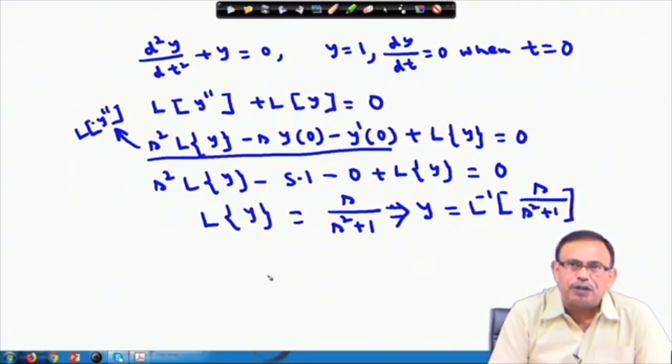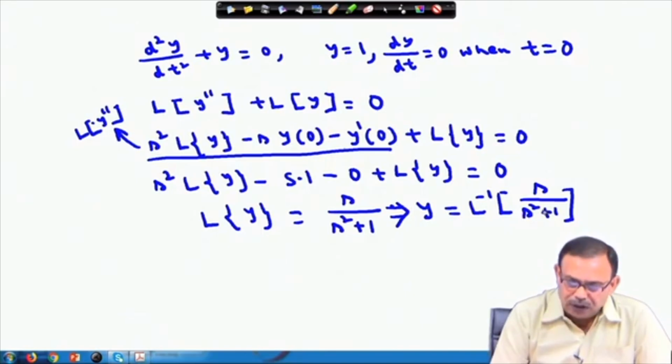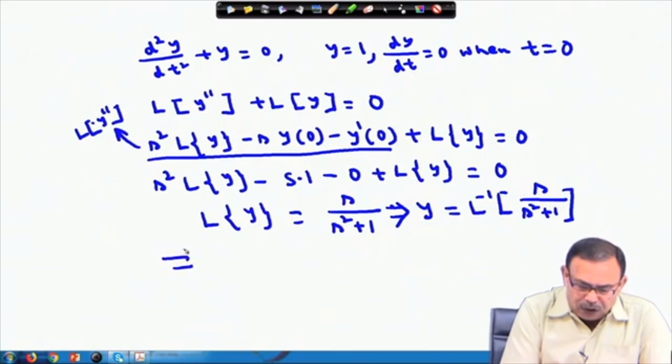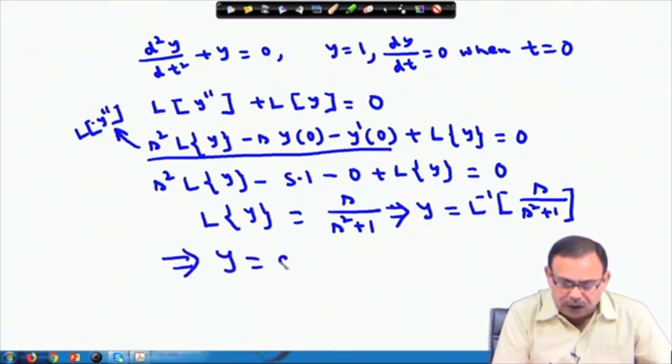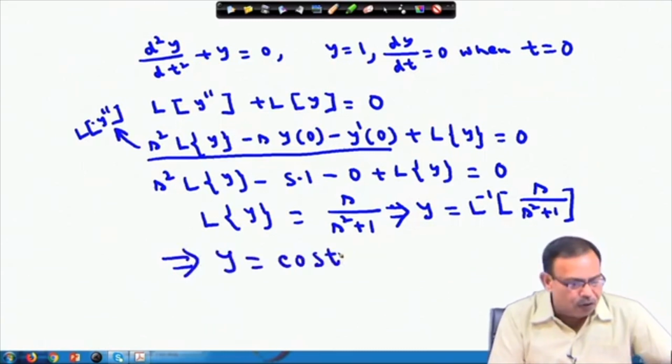I know the Laplace inverse of s by s square plus 1, that is the function whose Laplace transform is s by s square plus 1, that is cos t. So, I obtain the solution as y equals cos t.